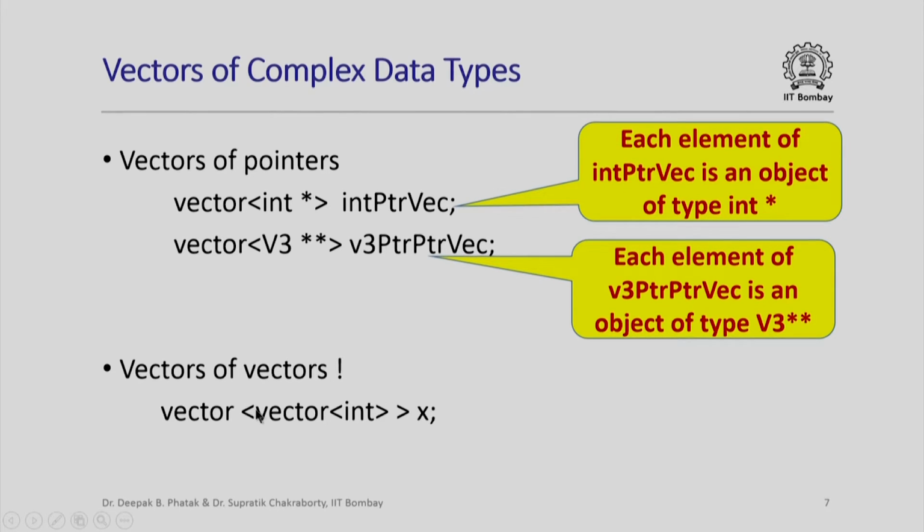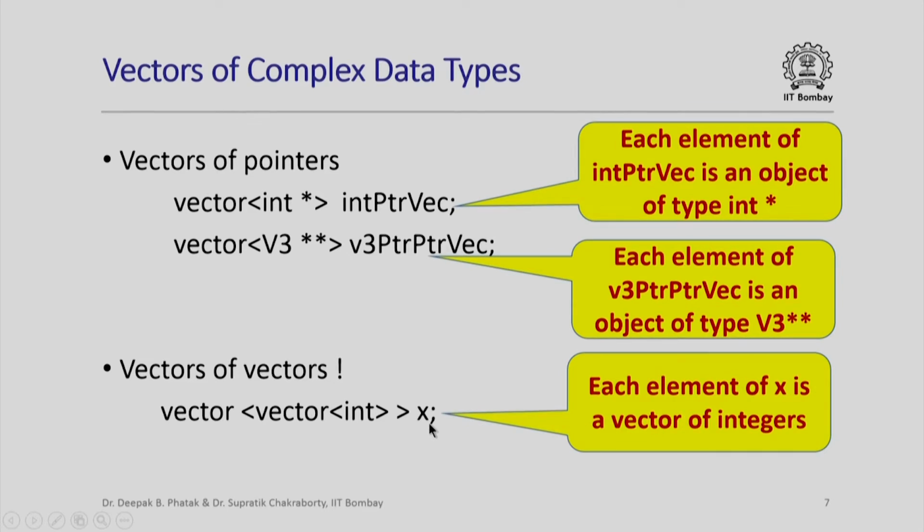And what is the object of this class? This is basically a vector of integers. So here I have basically defined a vector of vectors, once again making use of the template in the definition of the class vector. So as I just said, each element of x is going to be a vector, and each element of x is going to be a vector of integers.